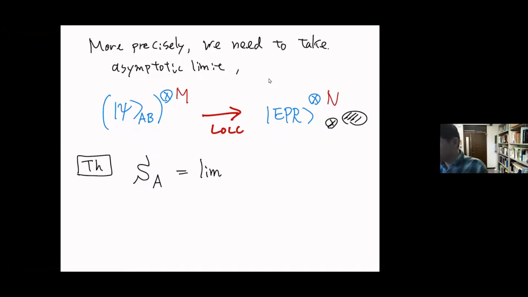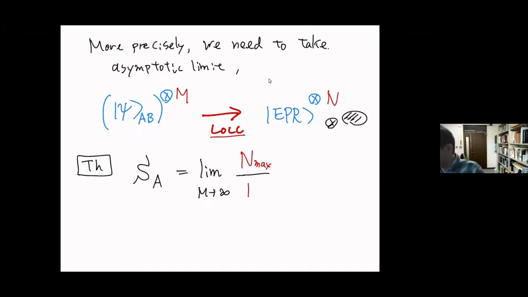The point is that we prepare multiple copies of the original system, and this makes the calculation continuous. So we have some N, but of course we have to maximize it, since there are many different LOCC.